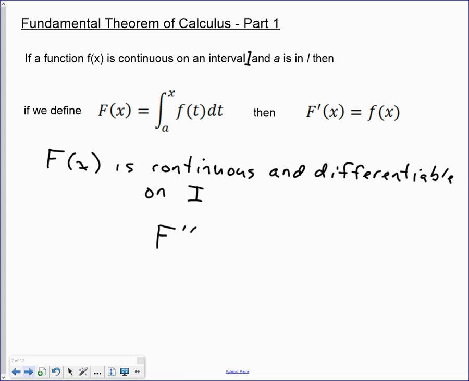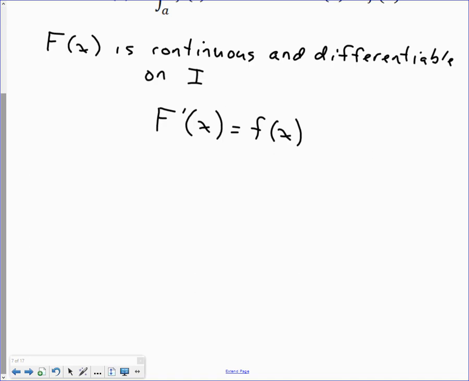So if we've got some function, capital F at x, whose derivative is f at x, this is just another way of saying that capital F at x is the antiderivative of small f at x, which means if we take the derivative, instead of writing F primed, I write d by dx of F at x, I still have f at x.